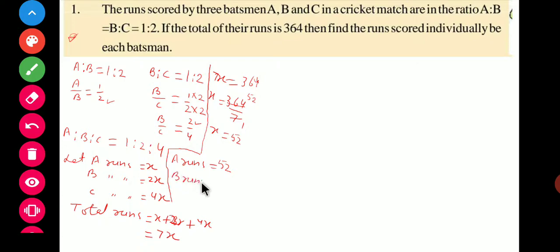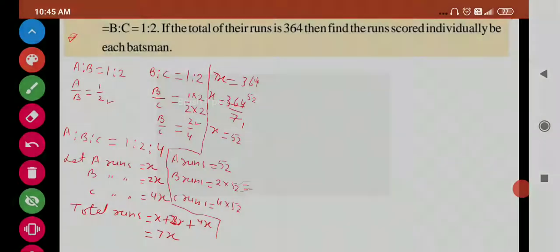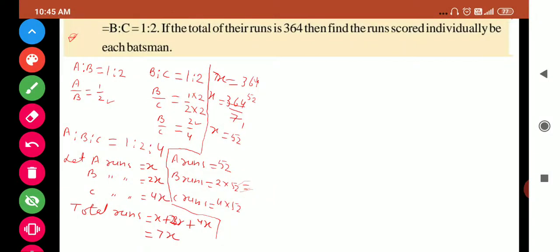B's runs is equal to 2 into 52, and C's runs equal 4 into 52. 2 times 52 is 104, and 4 times 52 is 208.